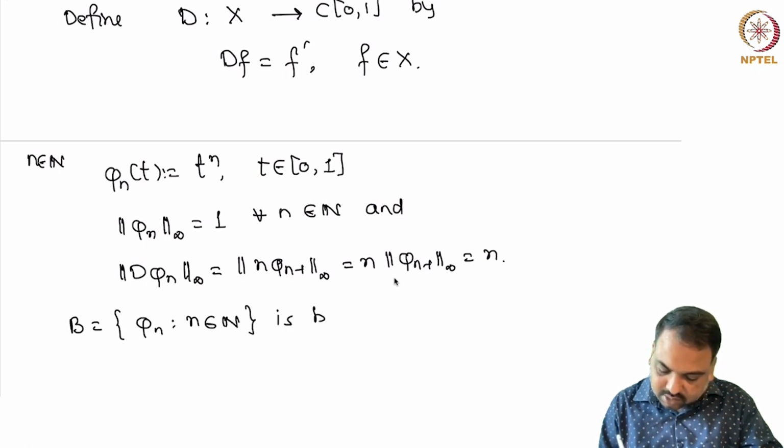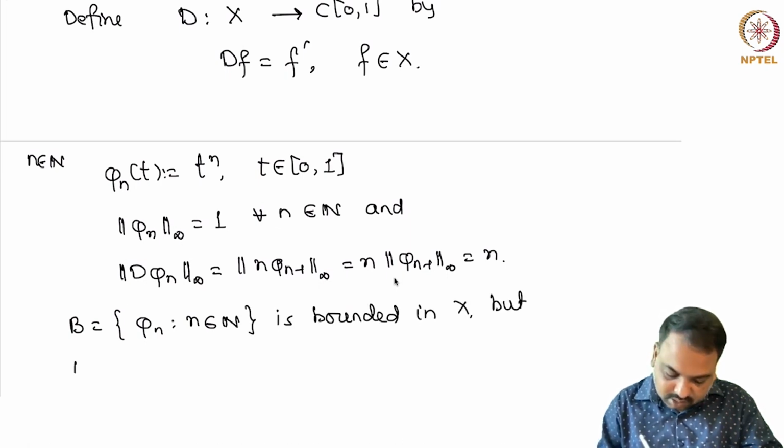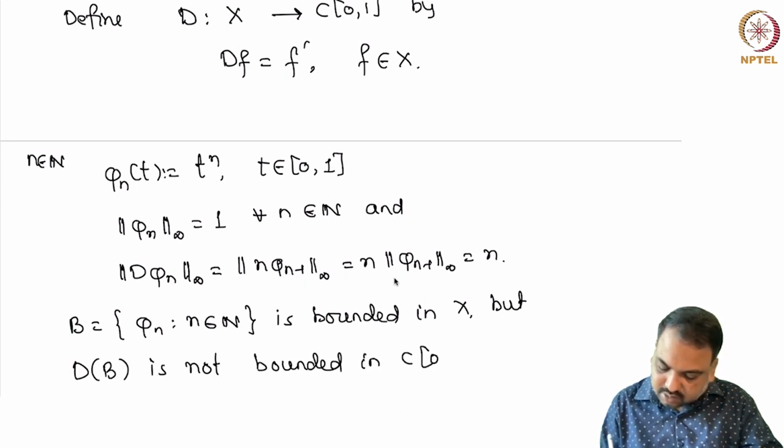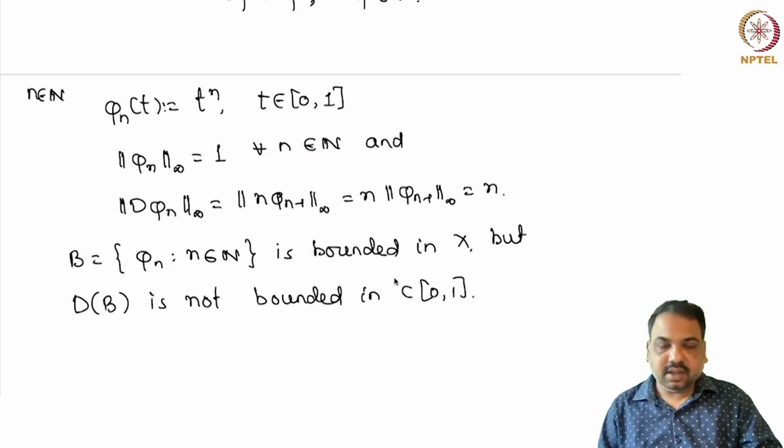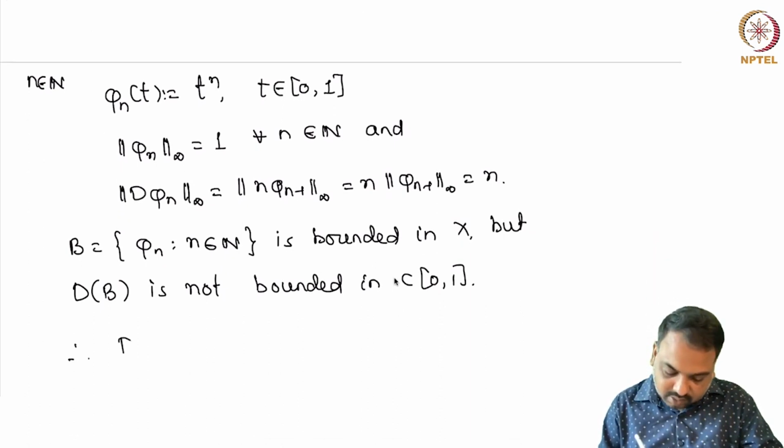So if you take this set B as {phi_n}, this is bounded in X, but D of B is not bounded in C[0,1]. So we got a bounded set which is mapped to an unbounded set by this operator f going to f'. Hence we can conclude that D is not bounded.